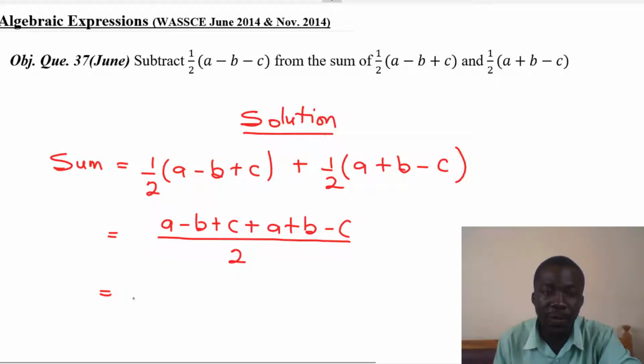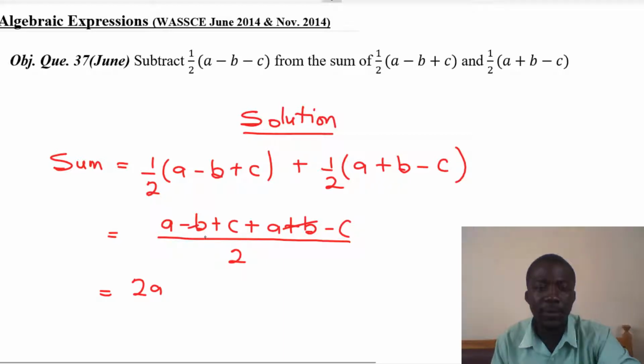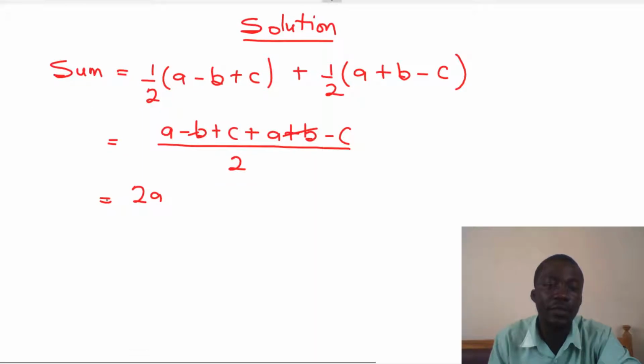A plus a will give us 2a, negative b plus b each can cancel the other, so negative b plus b will give us 0. Then c minus c will also cancel each other. So we'll be left with 2a over 2.